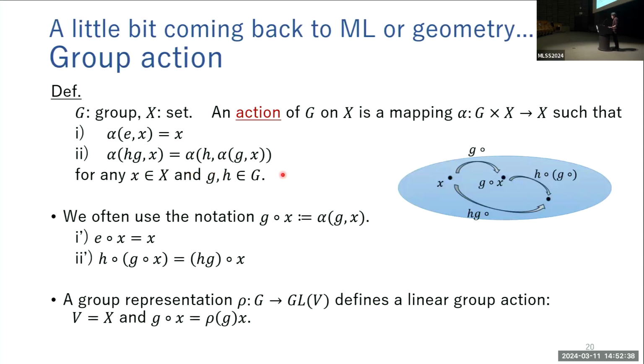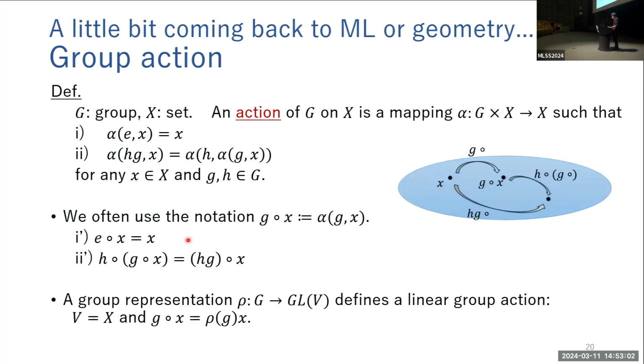The group action, the mapping, and the group multiplication are compatible. That's the meaning of this second condition, assumption. For notational simplicity, I often use the circle symbol to denote the group action.